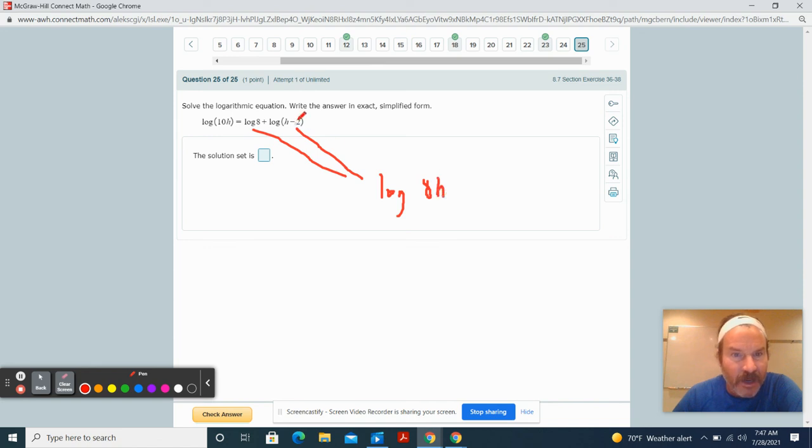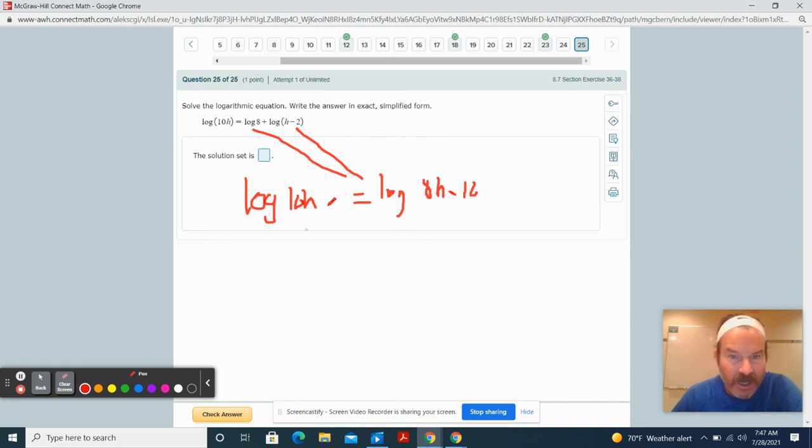So that's going to be 8h minus 16. I'm going to distribute that 8. Okay, and that equals the log of 10h. Okay, so now you have logs on both sides.